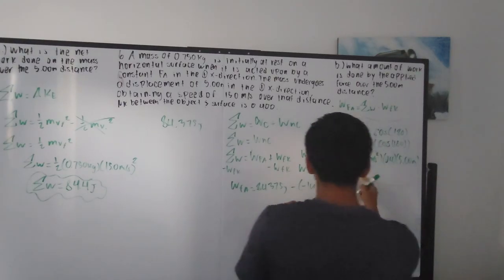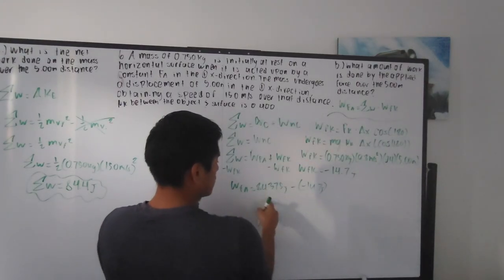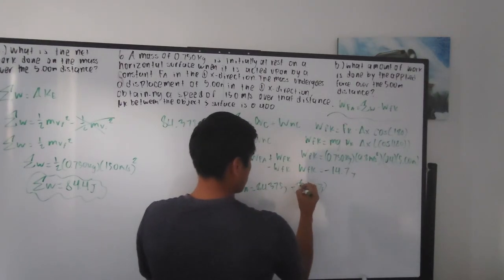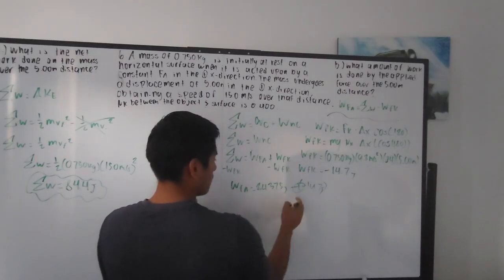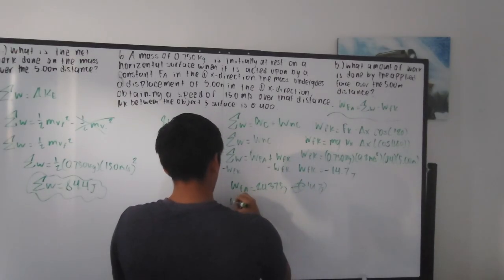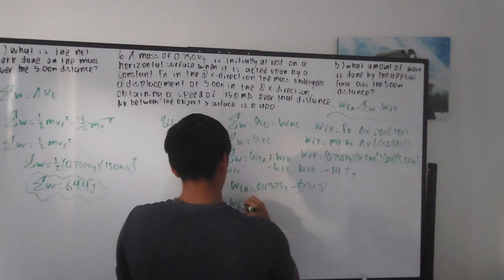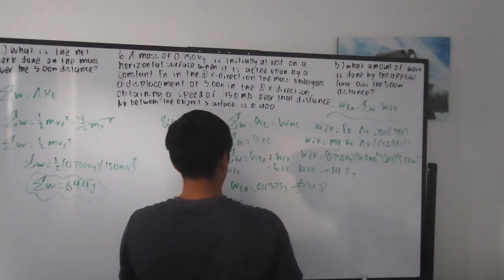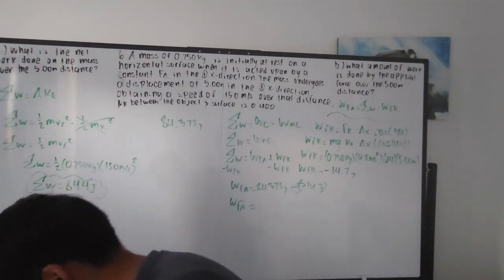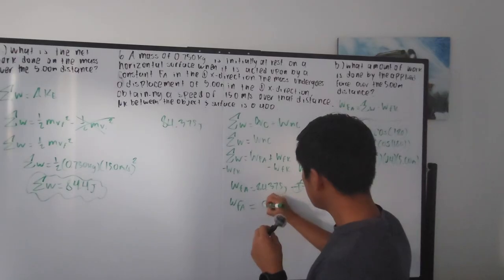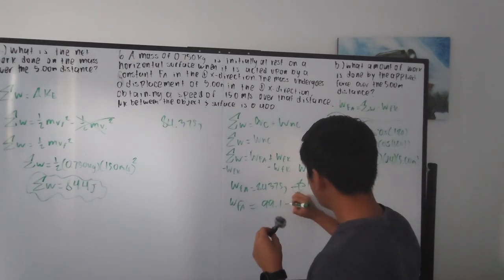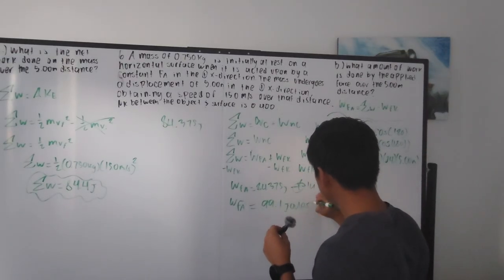I forgot to mention that is in joules. Plugging that into the calculator, this will become a positive, so it's 84 plus this 14. So then your work done by the applied force is, when you round, 99.1 joules.